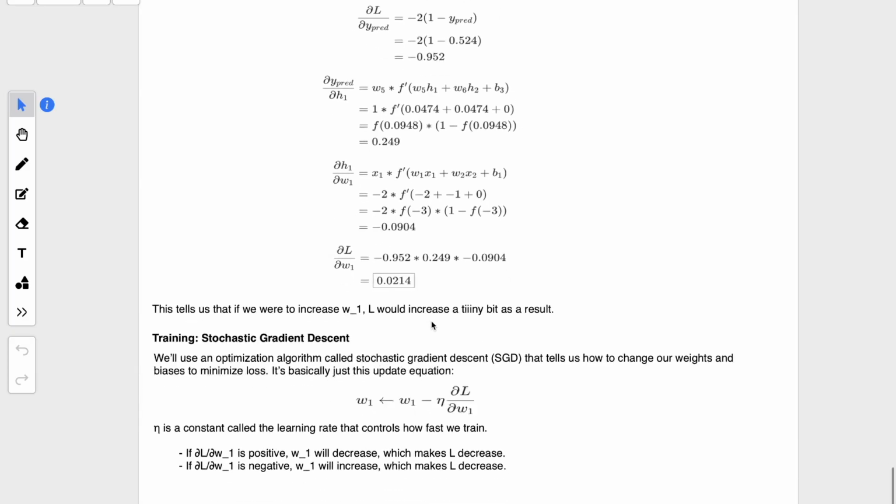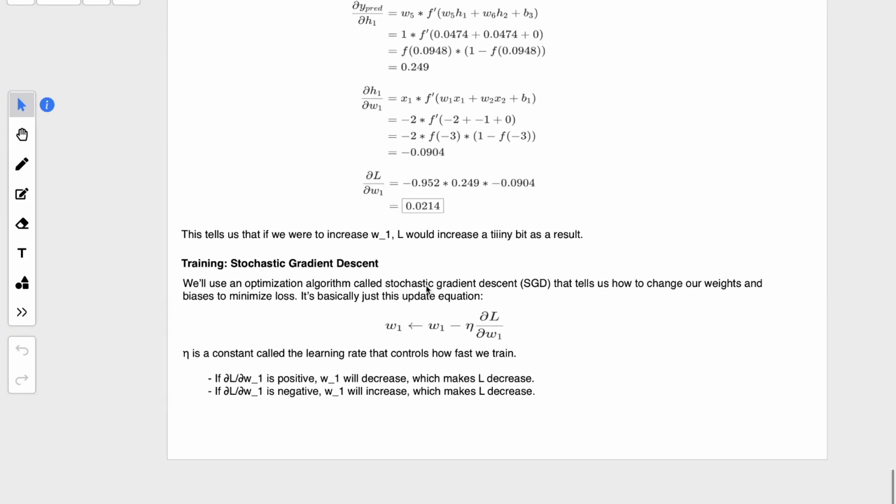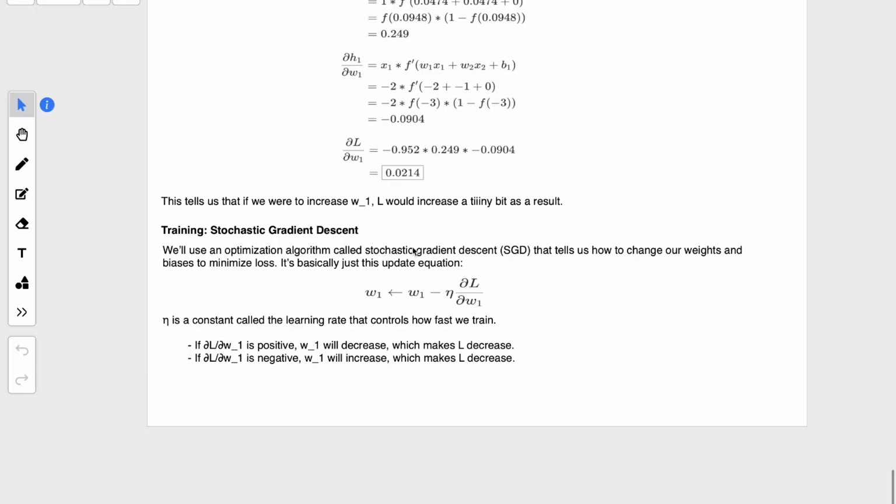This tells us that if we increase our w1, let's say from 1 to 2, then our loss will also increase by a little bit, because the term is very small. Even if by little, it will increase. The main significance is that on increase of w1, the loss will increase. So to minimize the loss, we need to decrease our w1. We are using 1 as weights, right?